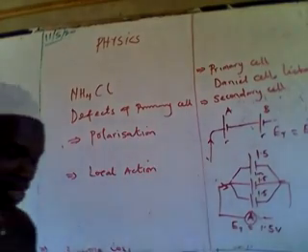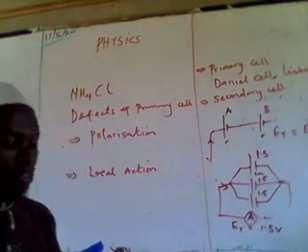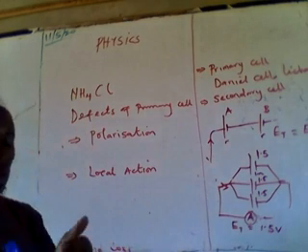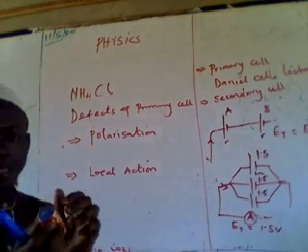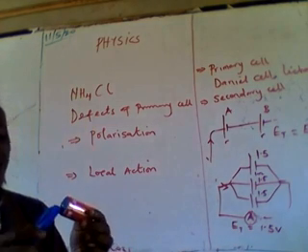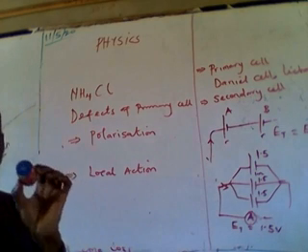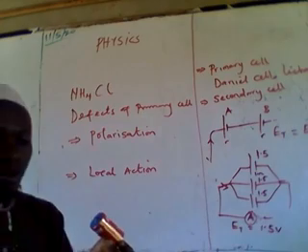Now, when we have a cell in which there is a formation of hydrogen bubbles coming out of the positive terminal, that is called polarization, and it is one of the defects of this kind of cell. I think you are following.